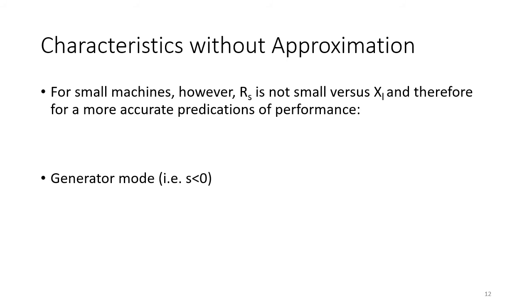The situation even gets harder because also S max is different. So the maximum torque occurs at slip S max, but S max is slightly different.